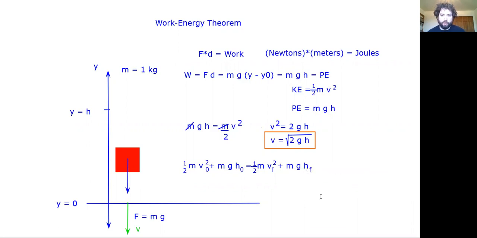Okay, so then that's our equation for potential and kinetic energy. Here's initial and here's final, and that just equals the energy, which is equal to a constant. And that's basically conservation of energy.